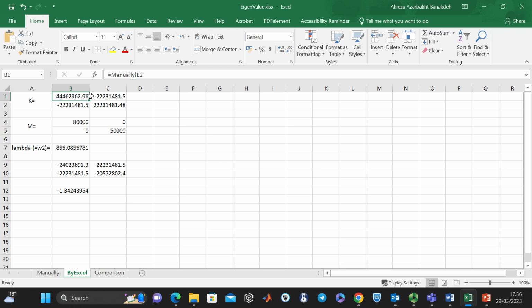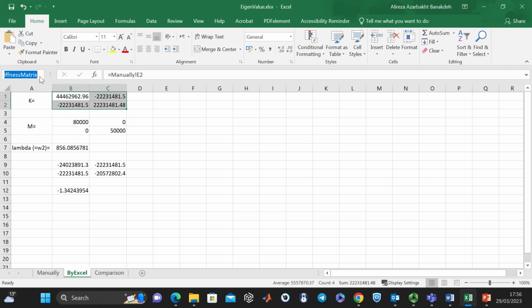And when you put these numbers here, you can select these 4 cells all together, as you see. There is always a box up here on the left-hand side, and you can click on it and write a name like stiffness matrix.